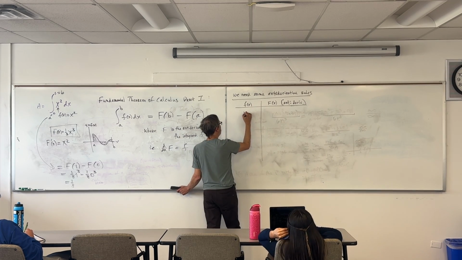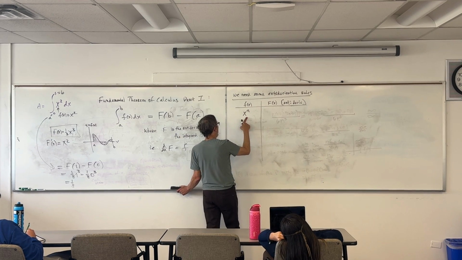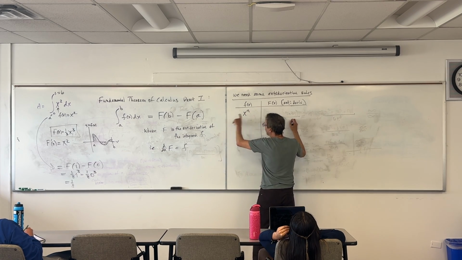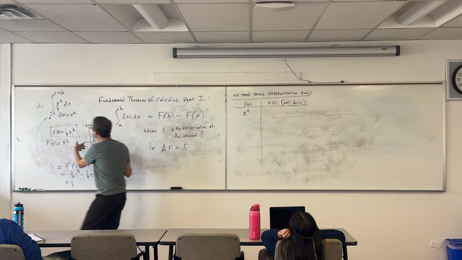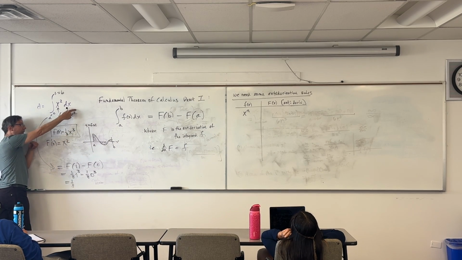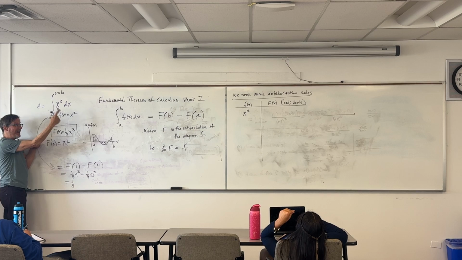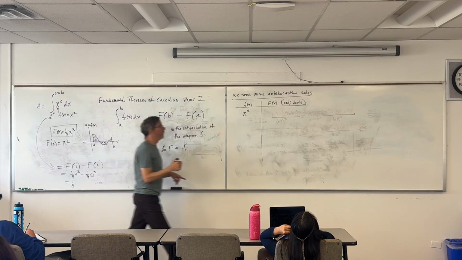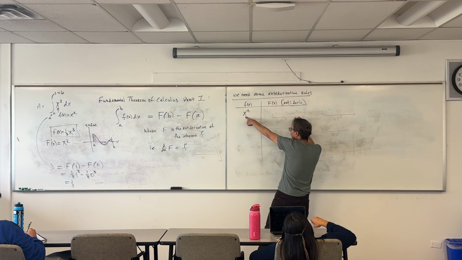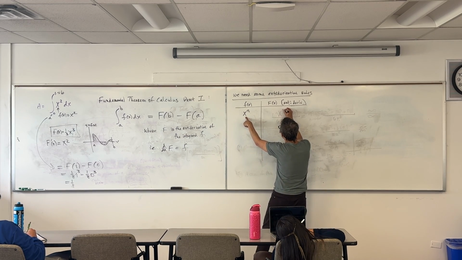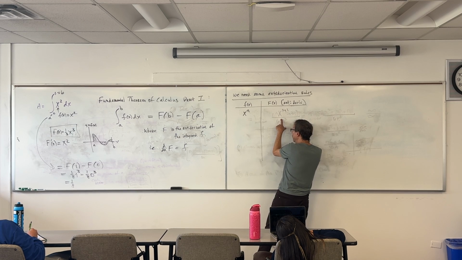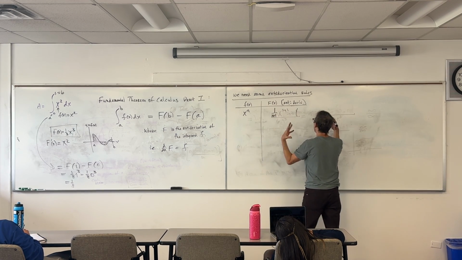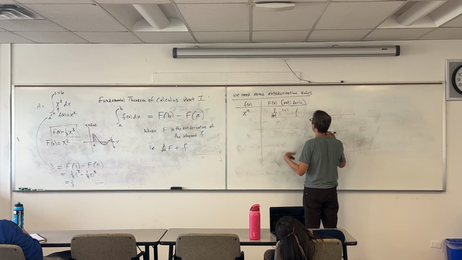So first off, if I have x to the nth power, then look at how this worked over here. We had x squared, we bumped the exponent up by 1 and divided by the new exponent. And that's the rule we're going to put here. So the way to go to the antiderivative is to bump up your exponent by 1 and divide by the new exponent. I'm going to write that out because you want a heuristic device like that, an algorithm in your head.